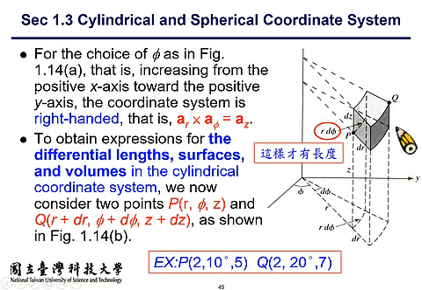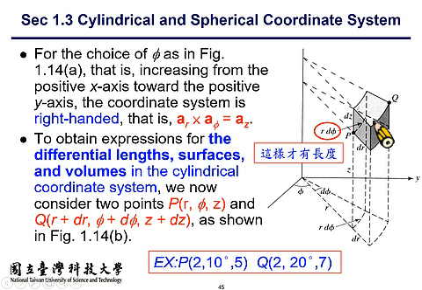And here's an example. Is this a cubical volume? Is that a cube? Of course not. This volume is defined in terms of a small difference in the z direction, a small difference in the r direction, and a small difference in the phi direction. So these three short distances span a small volume in the cylindrical coordinate system.